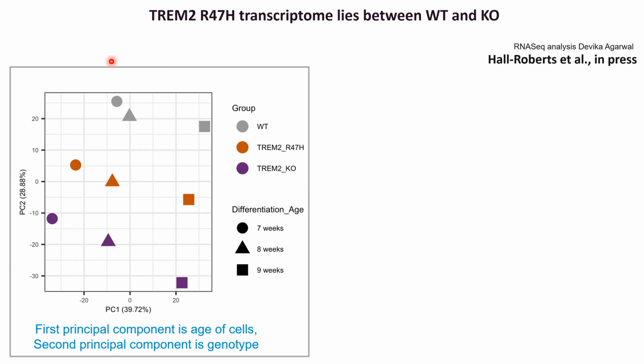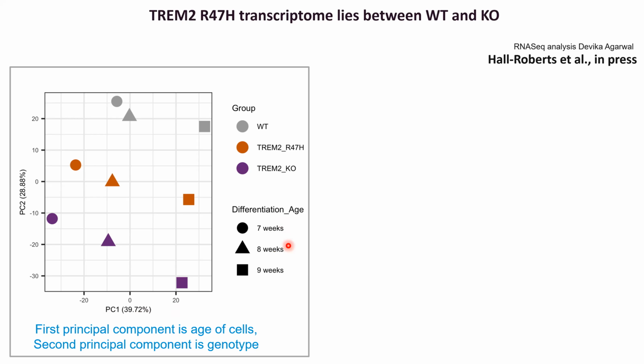So then we moved on to looking at transcriptomics, and for this experiment we took the 3 different genotypes and took three replicates of the differentiated cells. By principal component analysis, you can see that the first principal component that we found on analysing this data was the differentiation age of the cells.